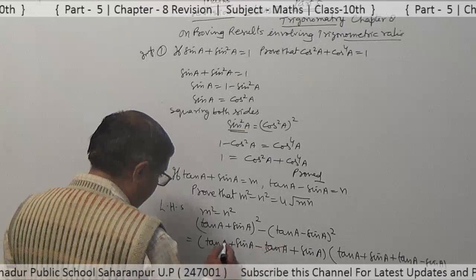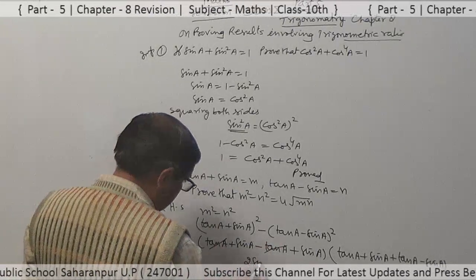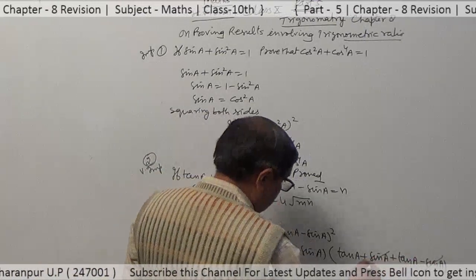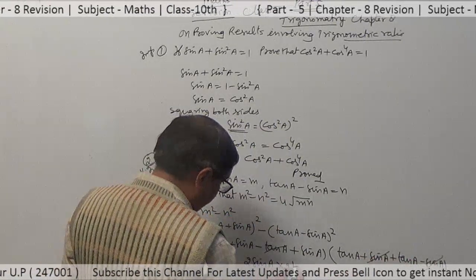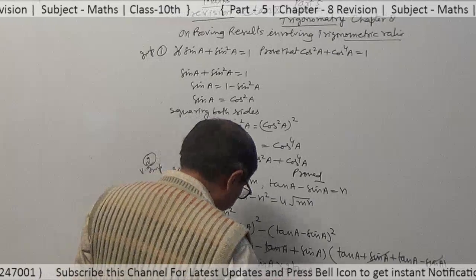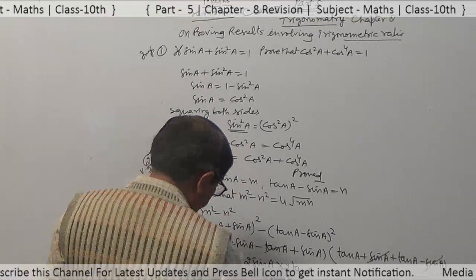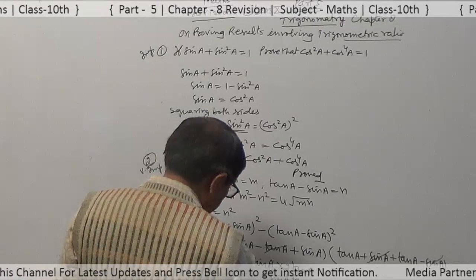This tan A cancels, 2 sin A, this sin A cancels, 2 tan A. So it will be equal to 4 sin A tan A.